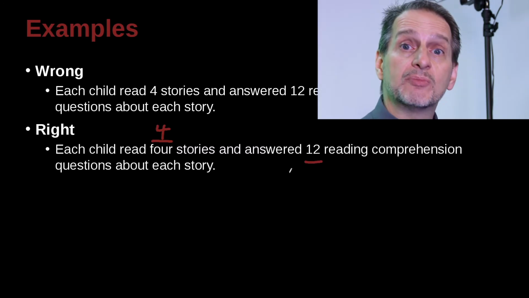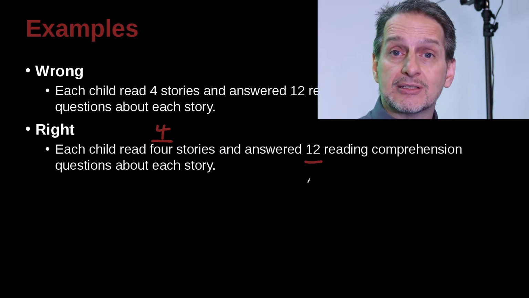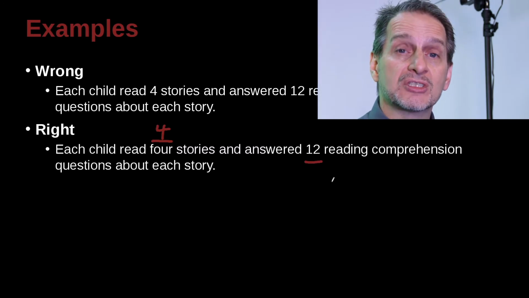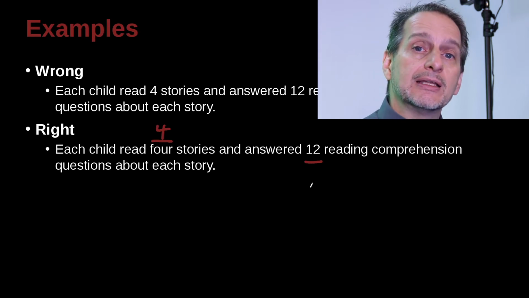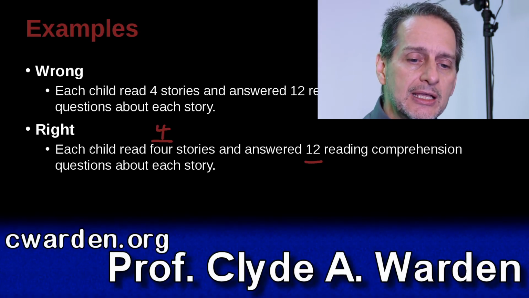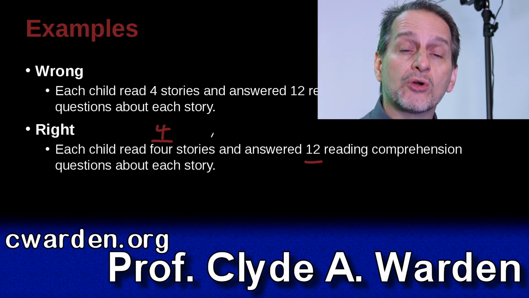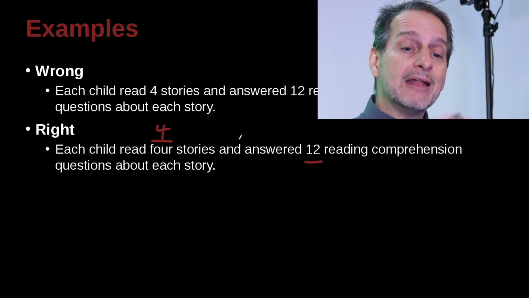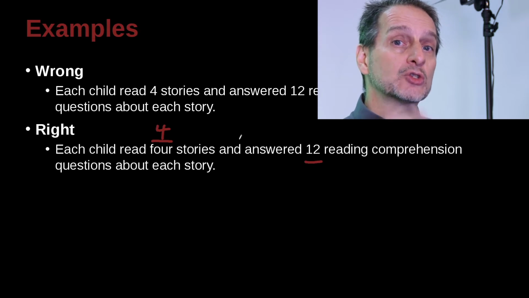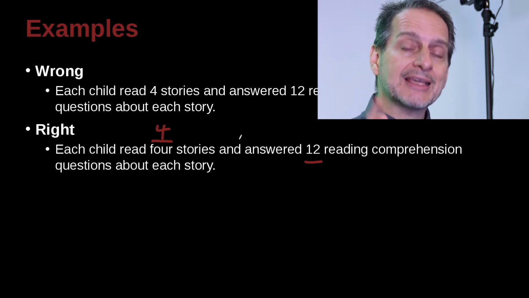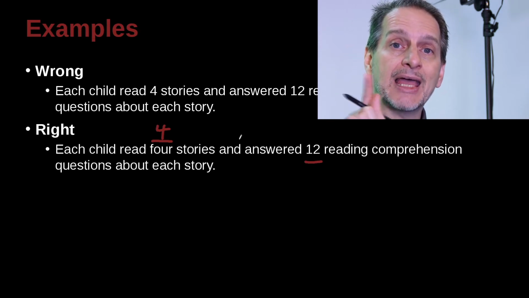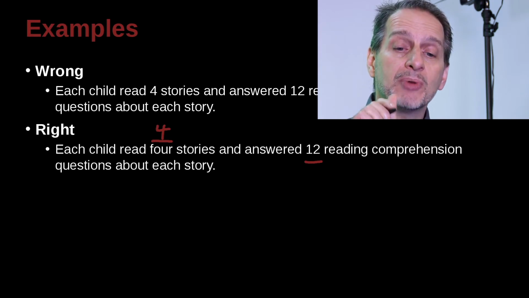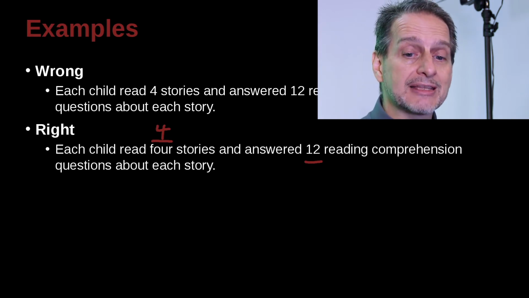So shouldn't we be comparing these? Isn't this like a comparison or a series of numbers? In this case, look carefully. Each child read 4 stories. If we then said they answered questions about 2 stories, in that case, these numbers are related and we're trying to compare them. But in the example we have here, that is not the case.